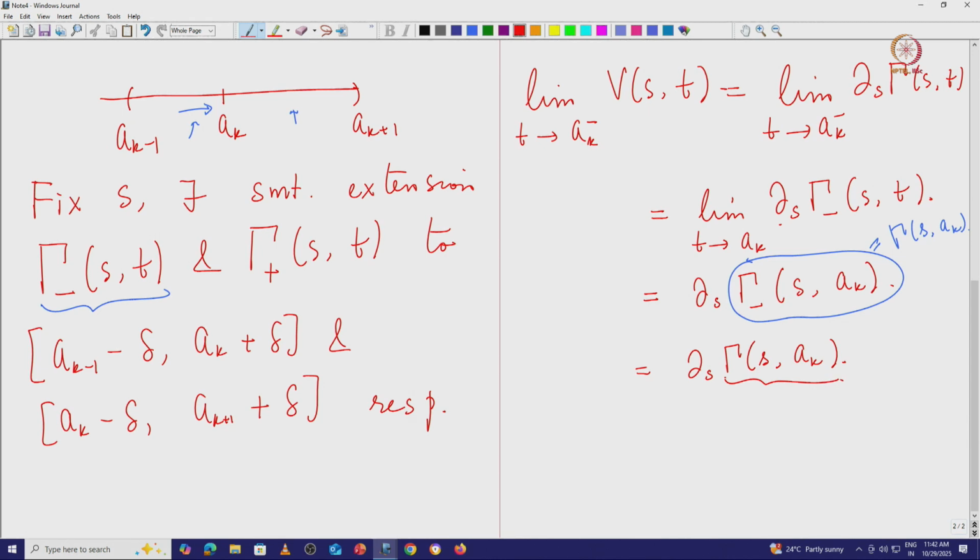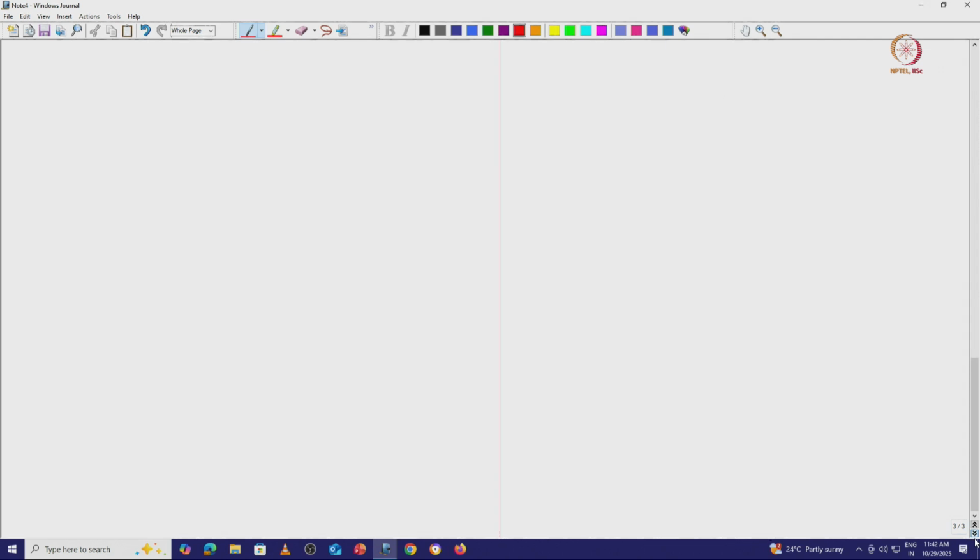So this derivative makes sense, but now by symmetry, clearly you see that the limit as t approaches a_k from the right of v of s, t is also the same thing. Okay, so in other words, the two limits coincide, and hence this is a continuous function even at t equals a_k. Okay, so that was to clarify the remark from the previous lecture.